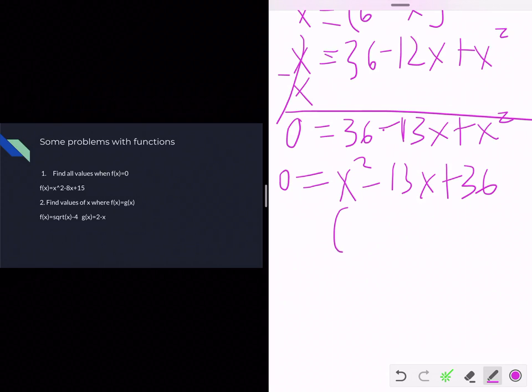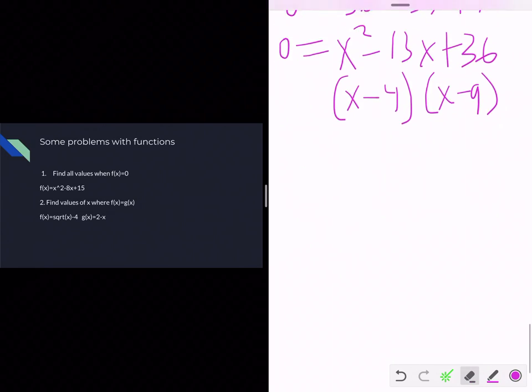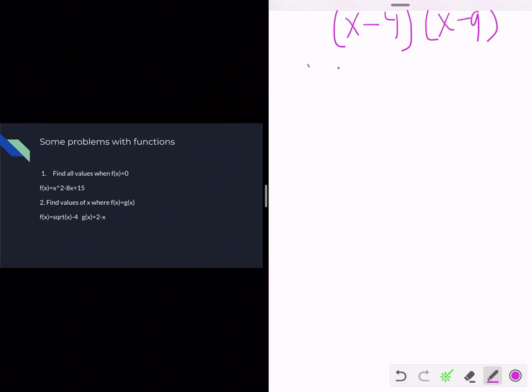Now just factor. So you have x minus 4, x minus 9, since these add up to negative 13 and multiply to 36. So x equals 4, 9. But you're not done yet.